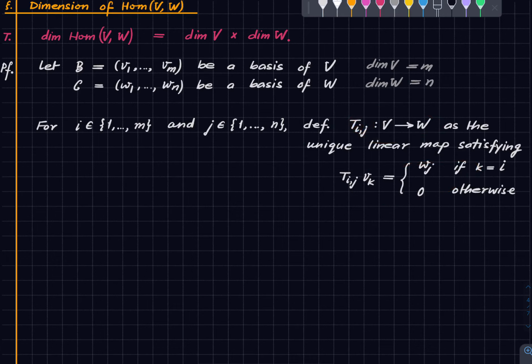Okay, so that's that. And let me just note, just for understanding, that T11 of V1 is 1, but T11 of V2 and so on up to Vm is 0. Okay, this is just a special statement.